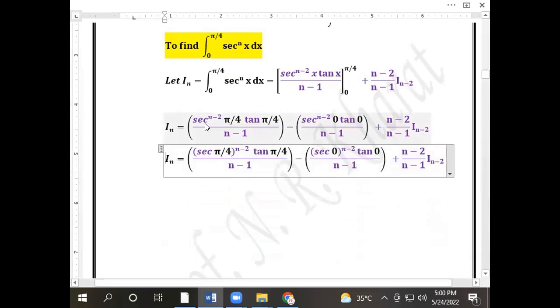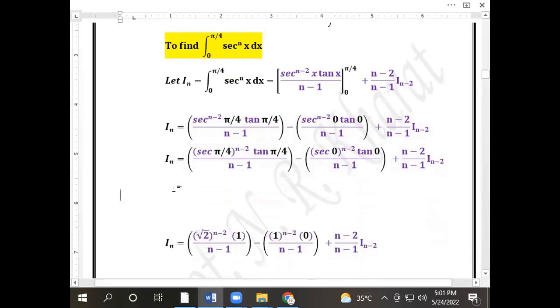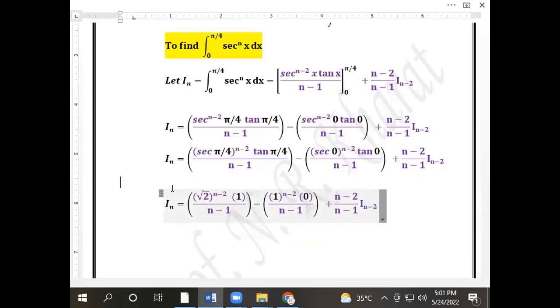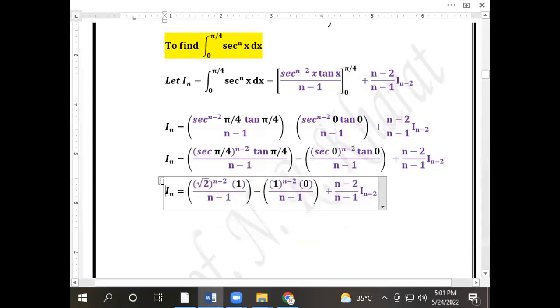Replacing the value of sec pi by 4, the value is root 2. Sec to n of pi by 4 is equal to root 2 raised to n minus 2. And for the lower limit 0, sec 0 is equal to 1, but 0 into something becomes 0.